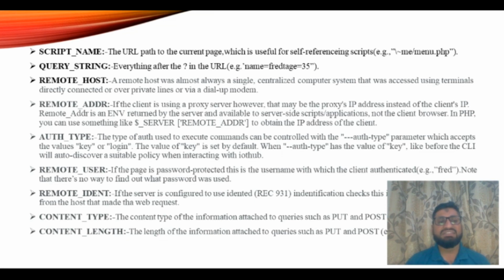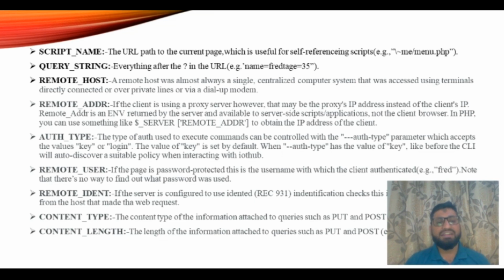Like before, the CLI will auto discover a suitable policy when interacting with your IoT hub. Remote user, if the page is password protected, this is the username with which the client authenticates, for example FRED. Note that there is no way to find out what password was used.